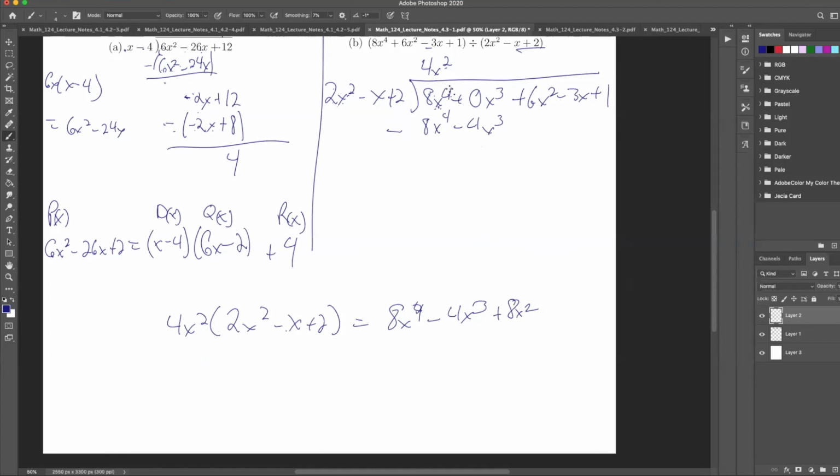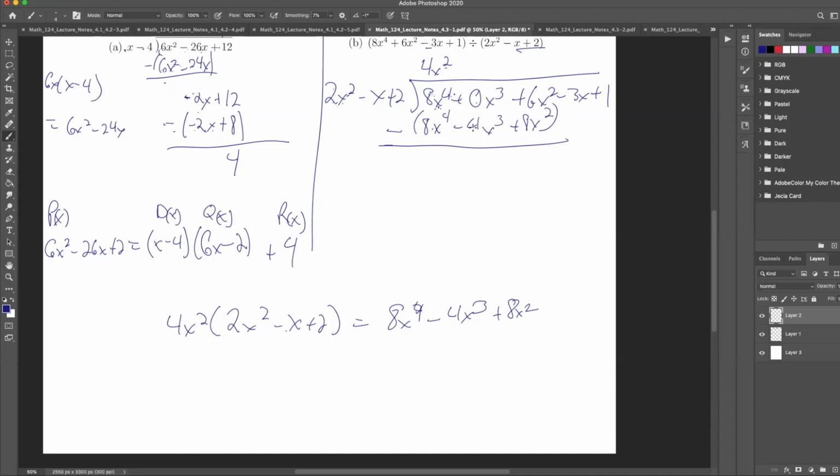This is why I put in this 0 times x to the third, even though I don't have any x cubed term here. So I just plug in 0 because I'm going to be minusing things from it. And then here I'll have plus 8x squared, and I just minus all this across. And so this minus this by design is 0.